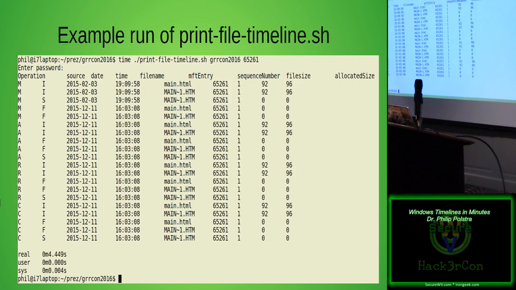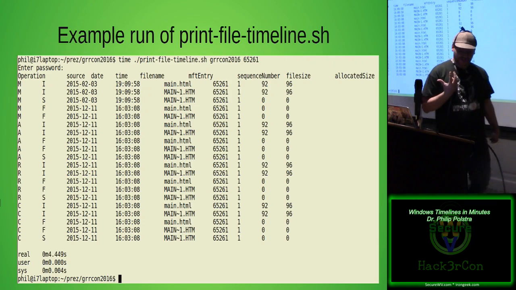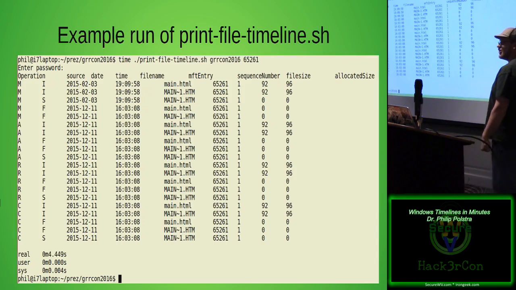That one's from the standard info. Then I have file name twice. Here's another directory entry, file name. So you can see I have multiple entries. So I've got modification timestamps, access timestamps, record change, and then creation timestamps.